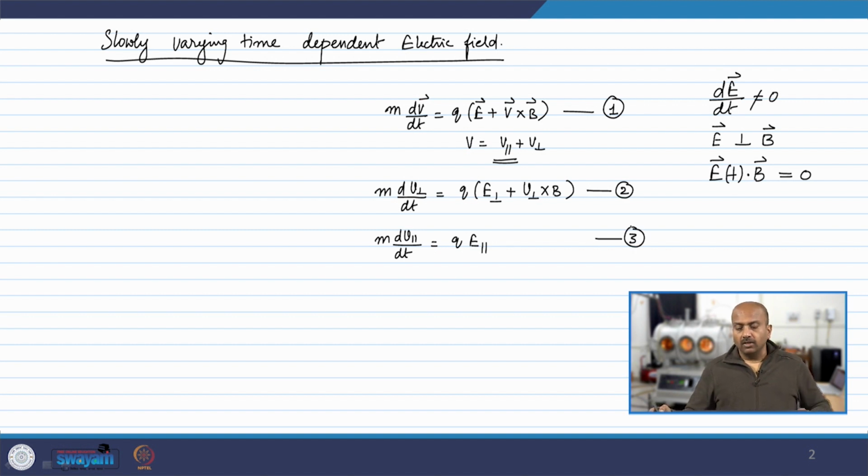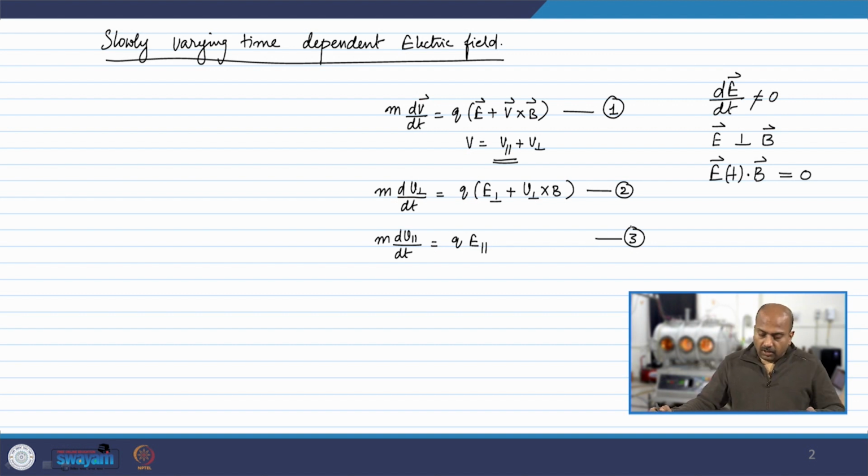What happened to the cross product of velocity with the magnetic field? Because these two are parallel to each other, sin theta is 0, that is why we do not have the other term appearing, right. So, what have we done? We have written one Lorentz force equation and decomposed it into two equations, one representing velocity change along the perpendicular, another along the parallel direction, right.